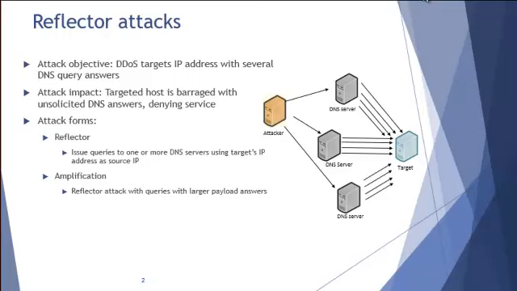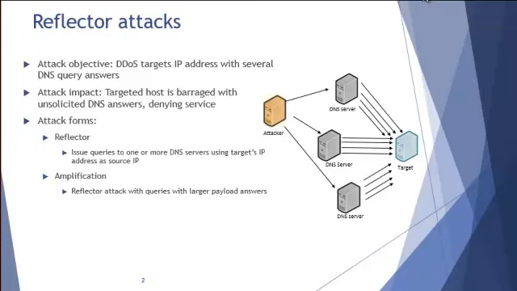The servers then respond to that source IP address, which again is the target, and by sending lots of unsolicited answers in large payloads from several servers, you can create a denial of service condition for the target, where it's receiving a burst of traffic it is unable to keep up with, and in essence denies the service on that target device.